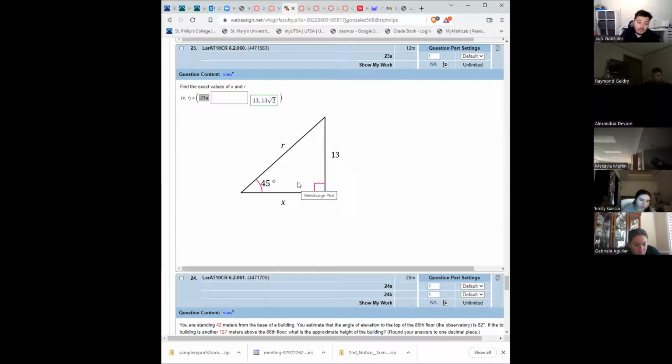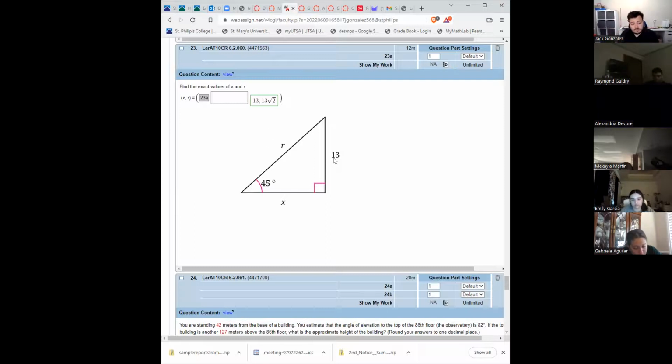So let's say on this guy, just to set you up, I want to find r. Well, I should probably use sine, because if I use cosine, notice how the adjacent is missing and the hypotenuse is missing. So cosine can't do anything for me.